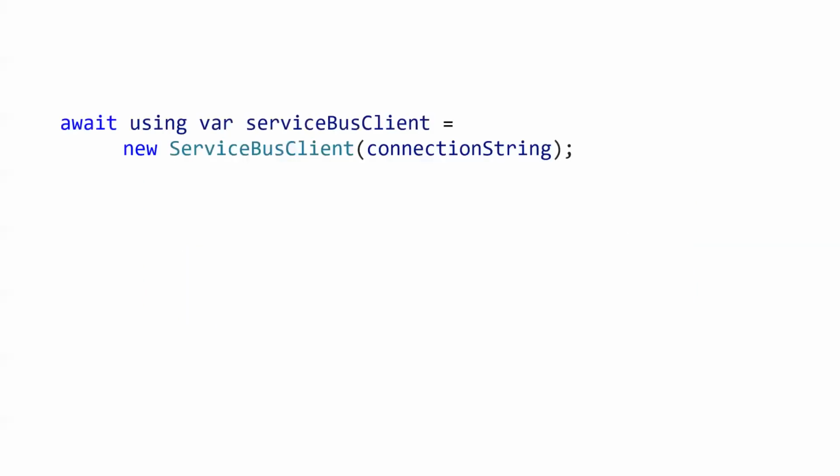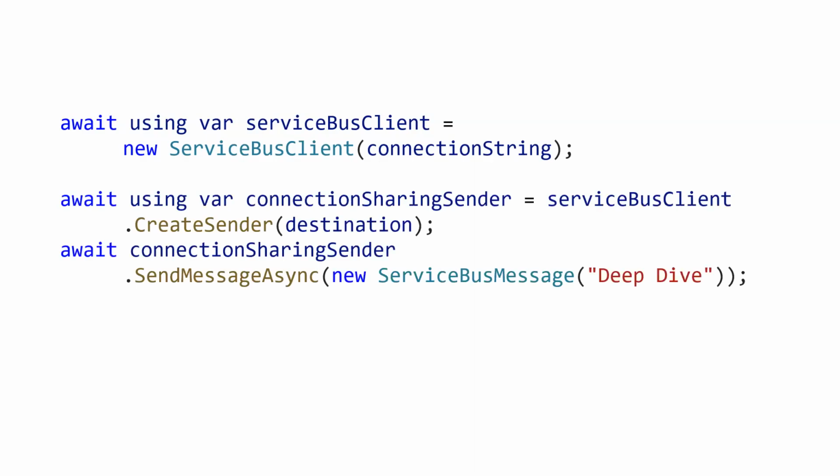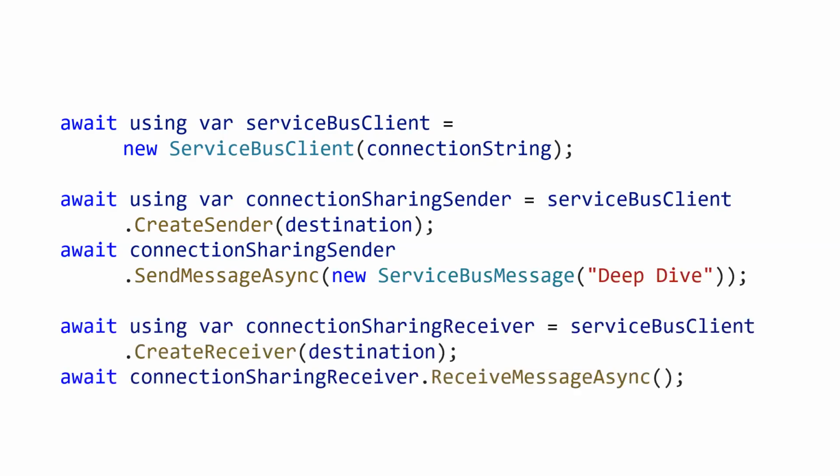And usually, if you just start with the SDK, you might not really get in contact with connections because you're just writing code like this, right? You're creating a new service bus client, you're creating senders and sending messages, and you're creating receivers and receiving messages. So you might not even be aware of the concept of a connection, but I named these variables to be intention revealing.